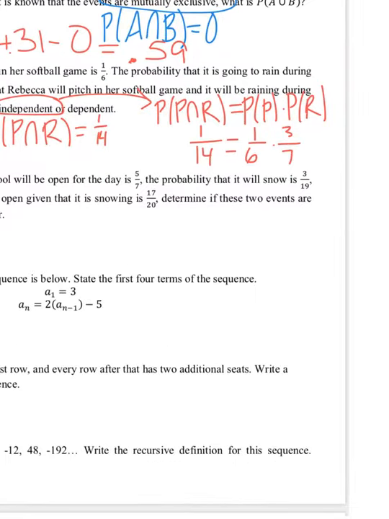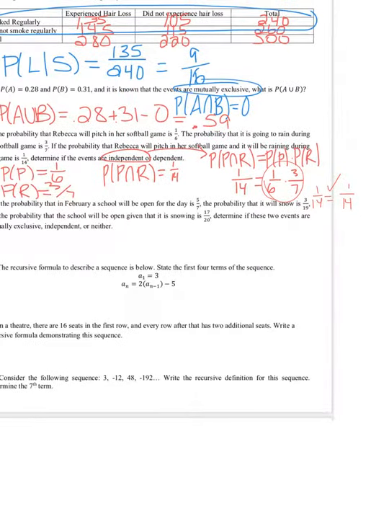When I multiply these two over here, I get 1/14. So they are the same, which means that these events are independent.